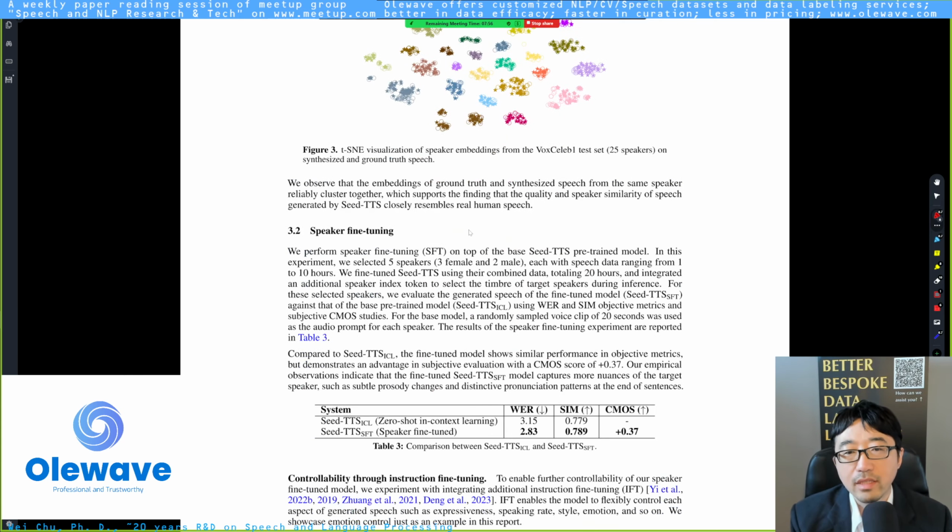They perform SFT on top of the base pre-trained TTS model. Of course, this time they get more data and they're supposed to get better results, right?